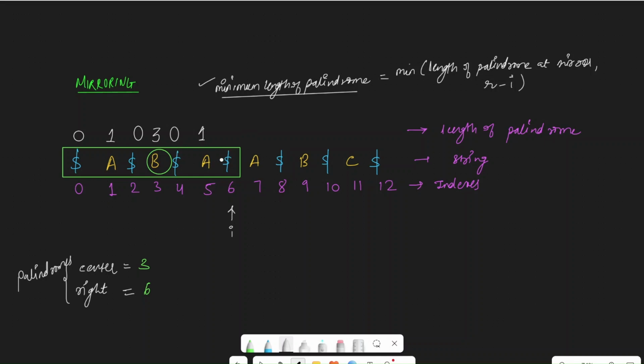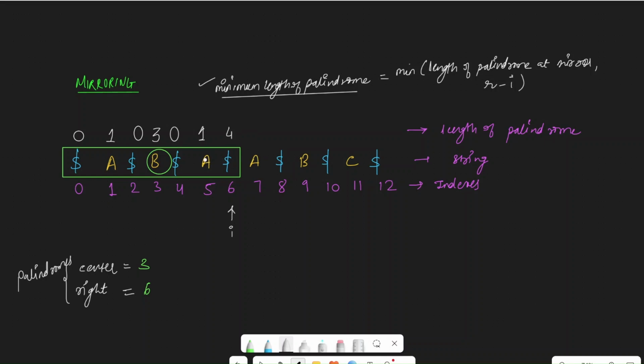Yes, these are equal. 3 to the left, 3 to the right. Yes, they are equal. 4 to the left, 4 to the right. Yes, they are equal. 5 to the left, 5 to the right. Are they equal? No, they are not. So in this case, our palindrome would be of length 4.